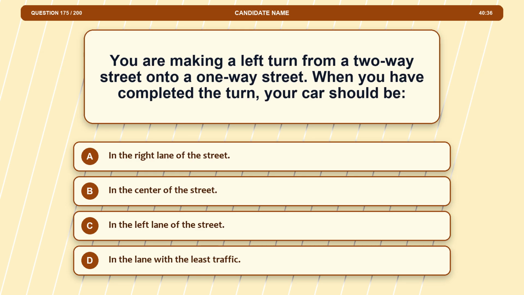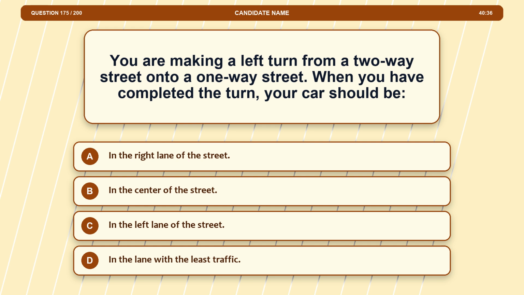Question 175. You are making a left turn from a two-way street onto a one-way street. When you have completed the turn, your car should be Option A, in the right lane of the street. Option B, in the center of the street. Option C, in the left lane of the street.